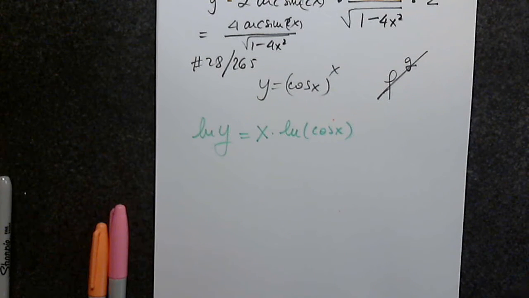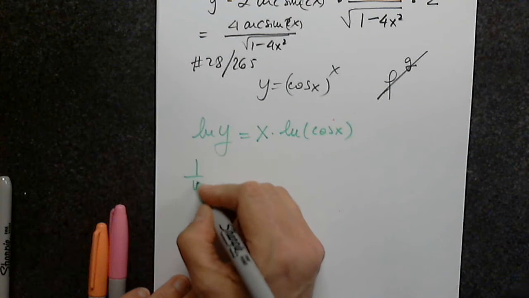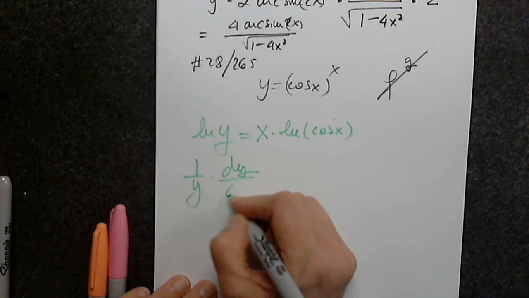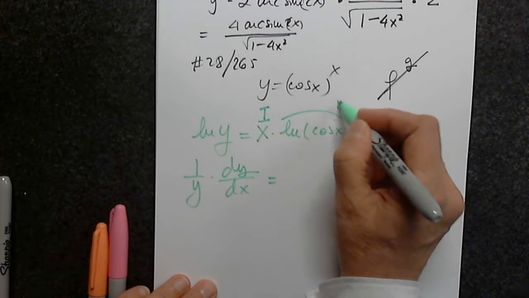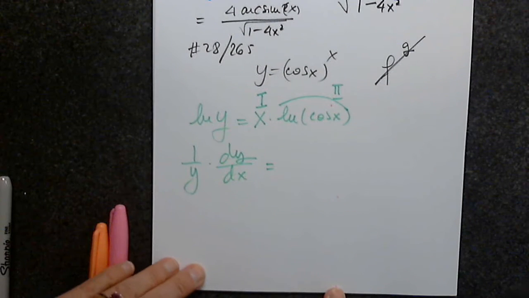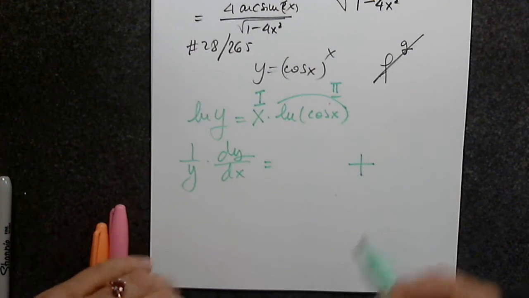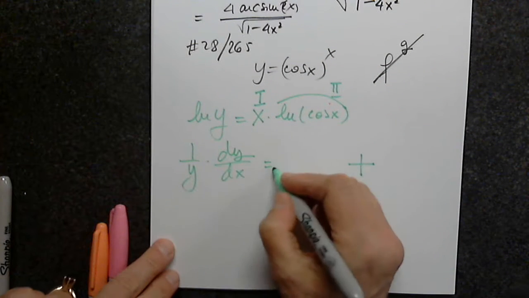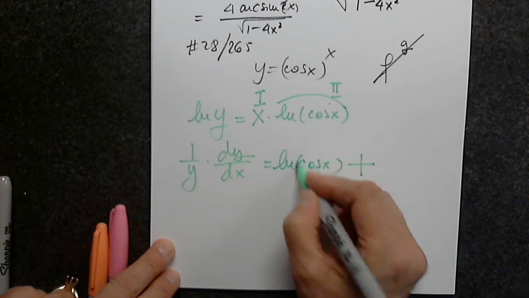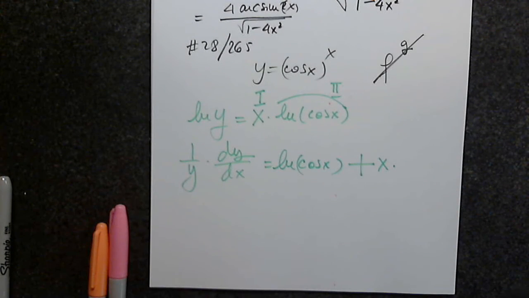What now? Yes, 1 over y times dy over dx equals, remember this is function 1 and this is function 2. It's a product, which means when you differentiate, you have to have a sum of two terms. Please remember that. Okay, first function prime, 1. So natural log cosine x plus x times the second function prime.